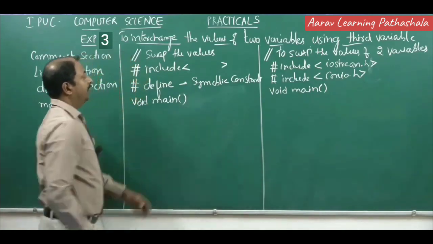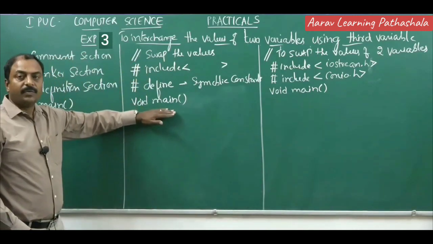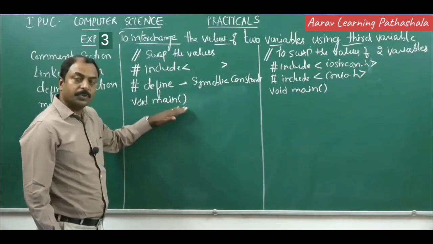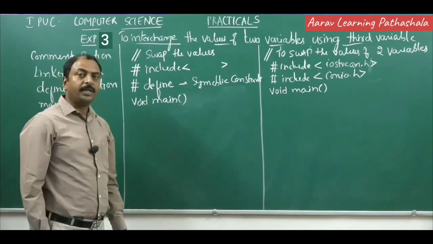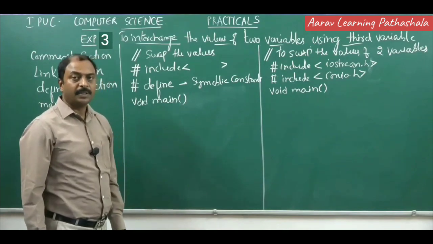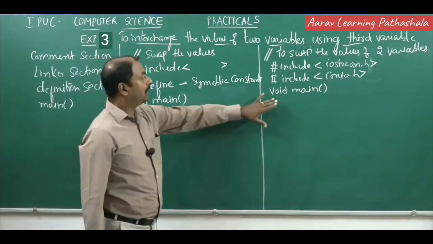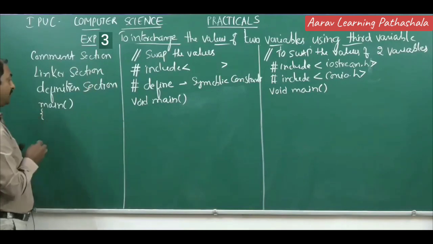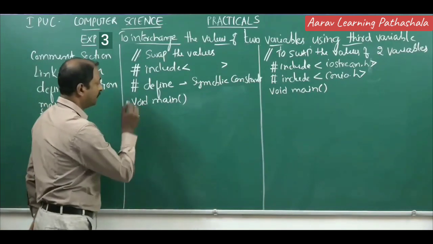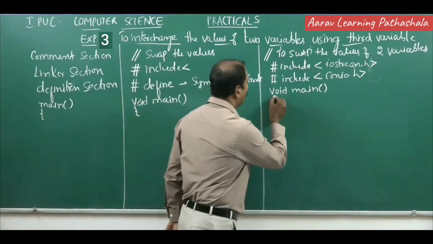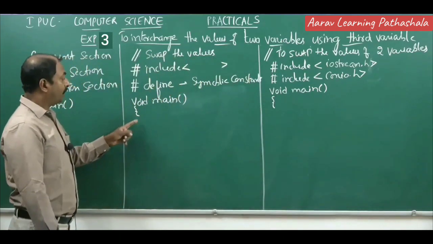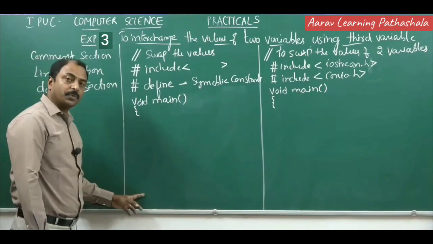Here is the place where we write the executable statements like input statements, output statements, and formula statements; everything is written inside void main. So this starts with open braces, and we have to close them at the end of the program.